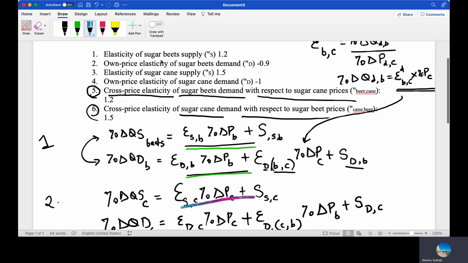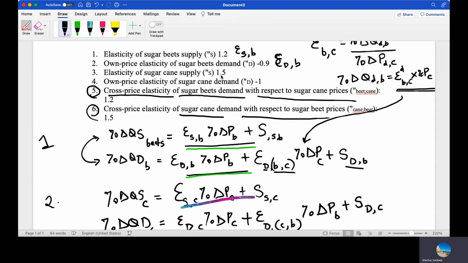So this is elasticity of supply in terms of beets. This is the own price elasticity of demand for beets. So ES, ES, dB.